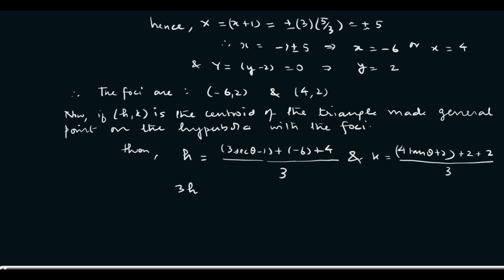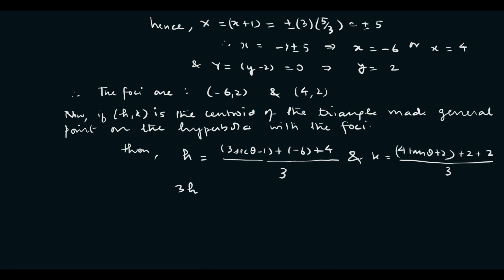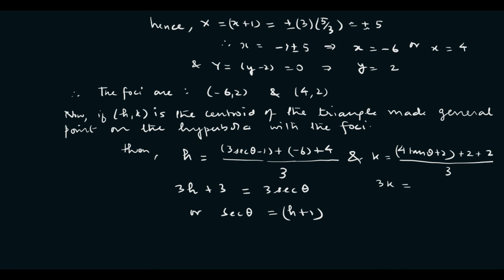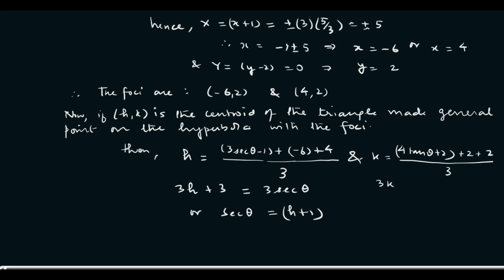Now we need to get an equation in terms of h and k. For that we need to eliminate theta. So first we find out the values of sec theta and tan theta from these equations. Sec theta comes out as (h plus 1) by 3, and from the second equation, we can simplify further: 3k minus 6 is equal to 4 tan theta.